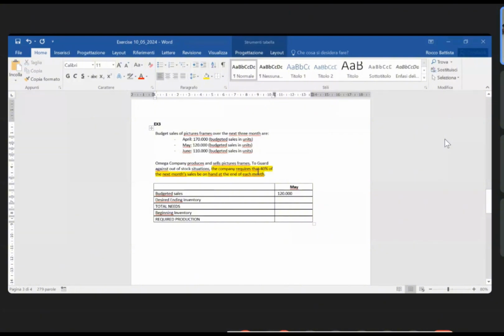So we multiply 40% by 110,000 and it is, actually, I think it's 44,000. Yes, June would be 44,000. Okay. So let's calculate the total needs.